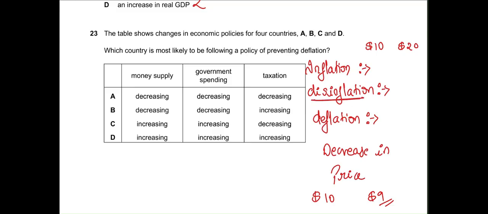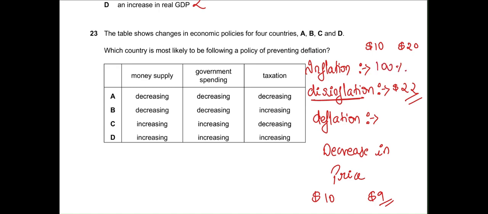Disinflation, remember this concept. Disinflation is nothing but an increase in the price, but the rate of inflation is at a lower rate compared to the previous year. For example, here it increased by 100%, but over here it increased by maybe only 10%. So there is an increase, but only by 10%. So that is disinflation. But in the previous year, it was increased by 100%.